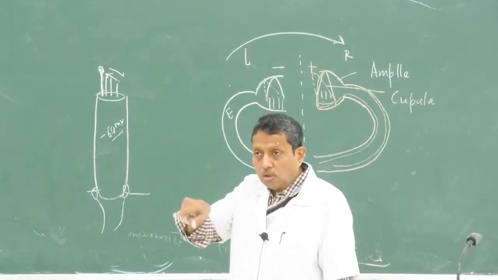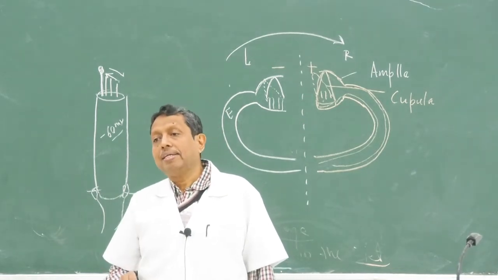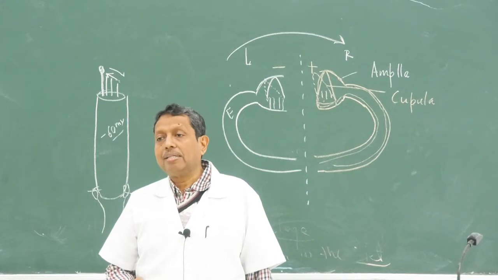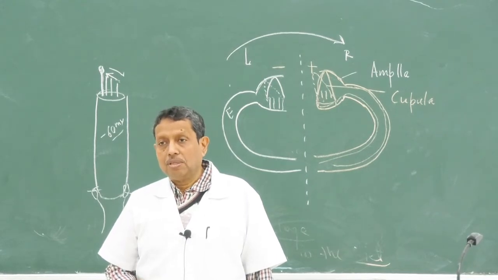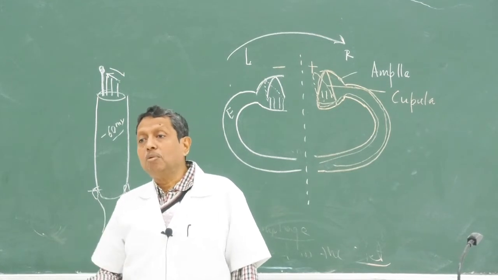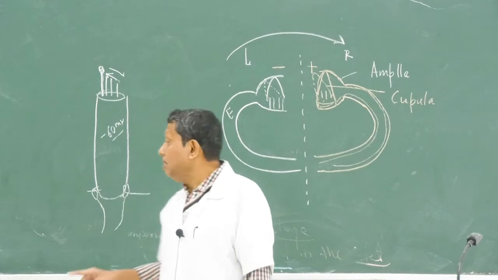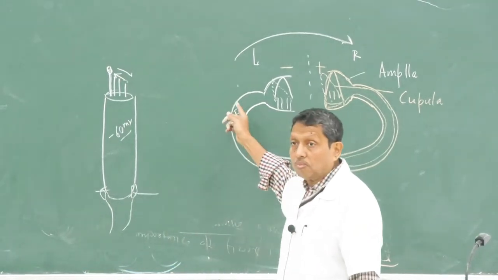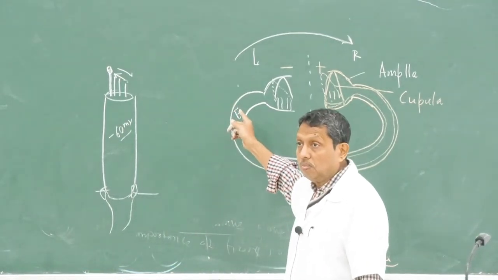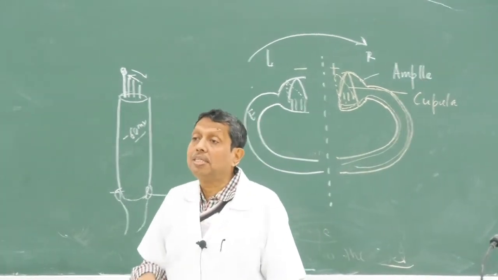When the process is continuing, they will revert back to the normal position, and then there will be no stimulus. And when there is cessation, the movement is to the opposite side. That is at the beginning of the motion, but whenever there is cessation of the movement, it is in the opposite direction.